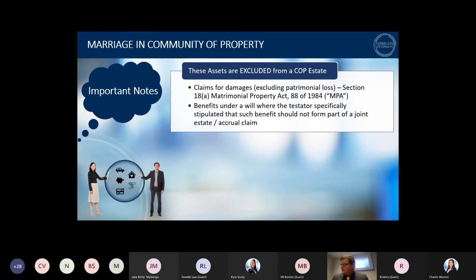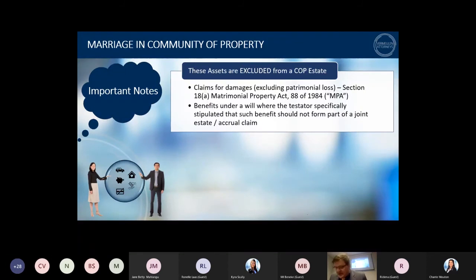Now, be aware, in those cases, mediators ask for a copy of the will because that asset could very well have been excluded under the will in a clause to the effect that the benefits accruing to the said so-and-so, John or Jane, whatever the case may be, under this will are specifically excluded from any accrual calculation or any joint estate, which means that those assets are then separate from the joint estate.